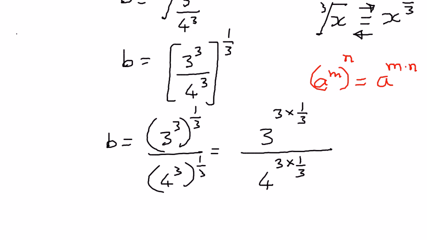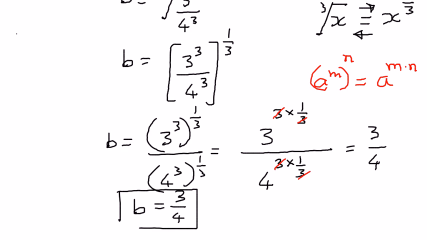When we simplify, the 3's cancel out, and we are left with 3 to the power of 1, which is 3, and 4 to the power of 1, which is 4. Therefore, the value of b is equal to 3 over 4.